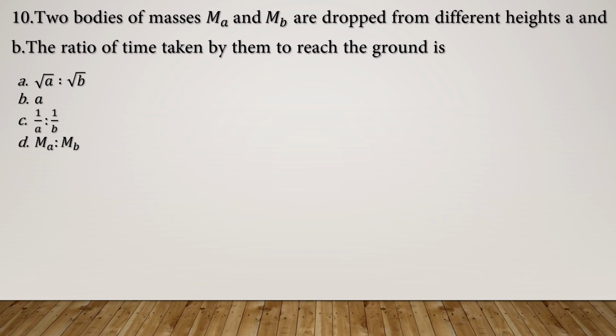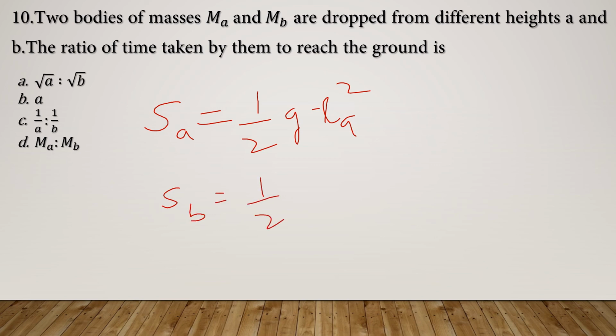So using the equation S is equal to ut plus half at square, SA, that is displacement of A, is equal to, u is 0, so it will be 1 half into g into ta square. Similarly, SB is equal to 1 half into g into tb square.